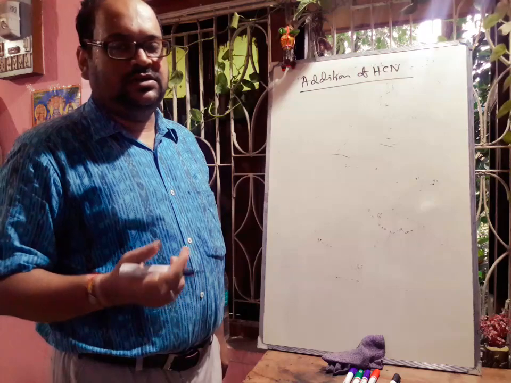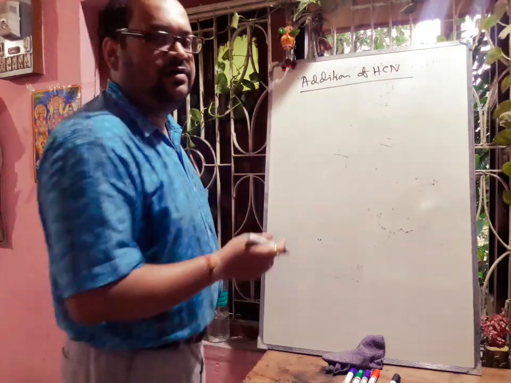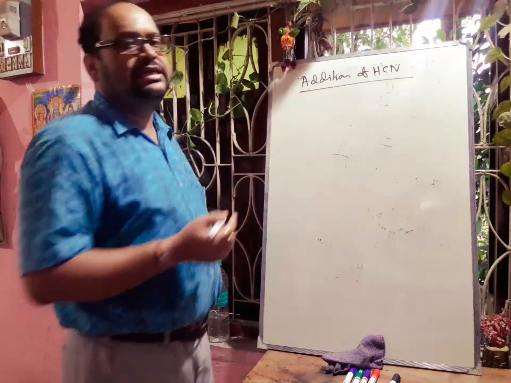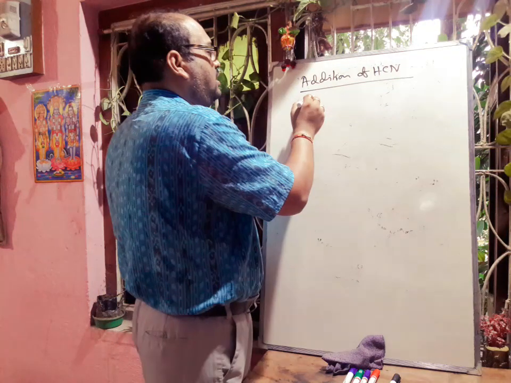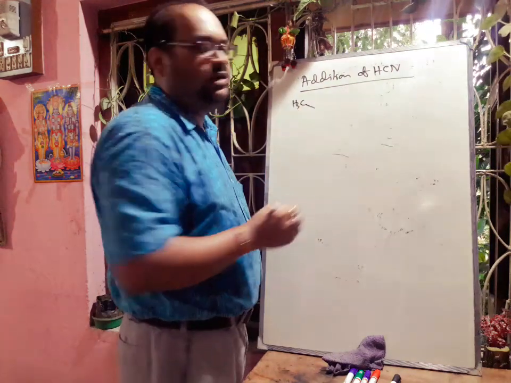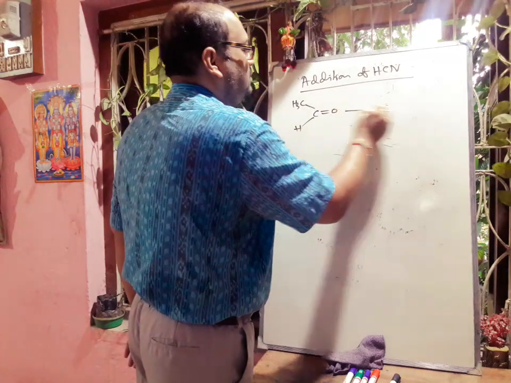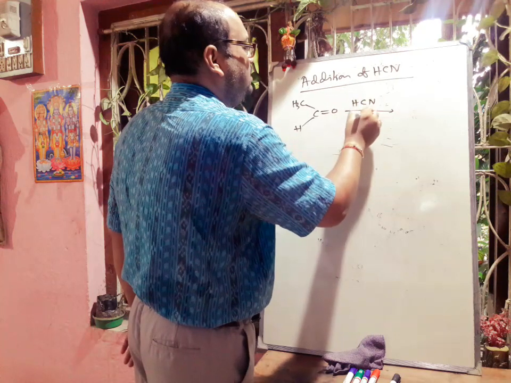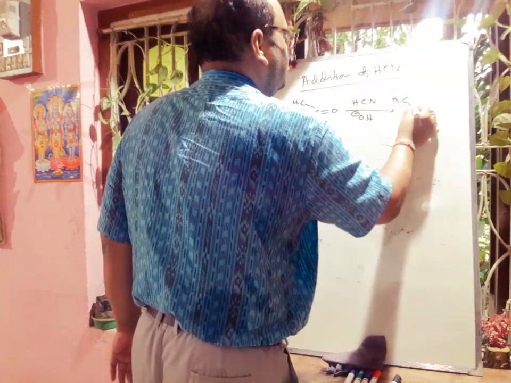We can generate the HCN in situ, as hydrogen cyanide is a gas. Now if this reaction is performed under alkaline condition, what will happen? If we add this to any aldehyde or ketone, there will be nucleophilic addition reaction. We are giving HCN in the presence of OH minus. Definitely there will be addition reaction.